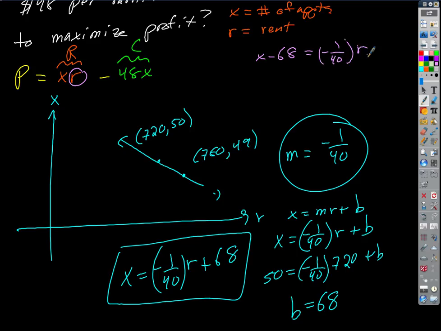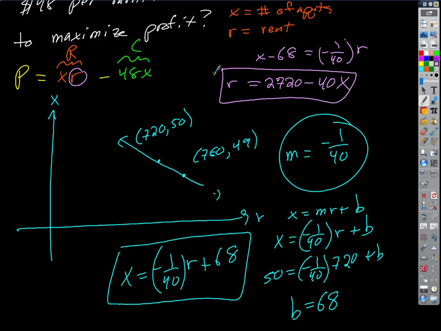Multiply both sides by negative 40. And what's that give me? Negative 40x plus 2,720. Or 2,720 minus 40x equals r. That's a better version of it, isn't it? So now we can make our substitution.